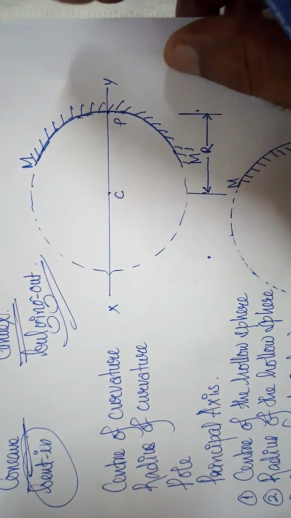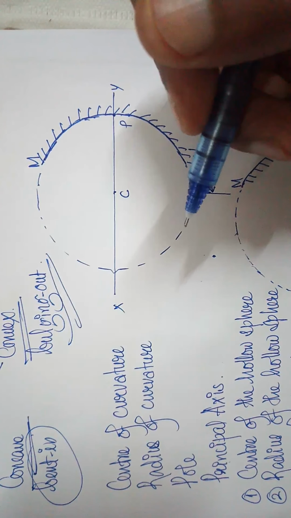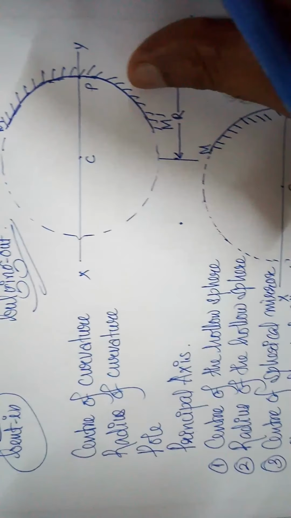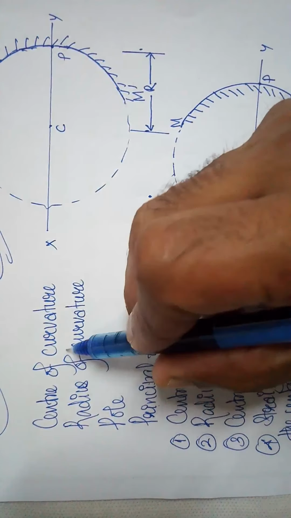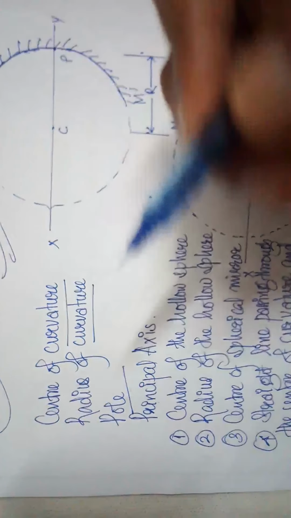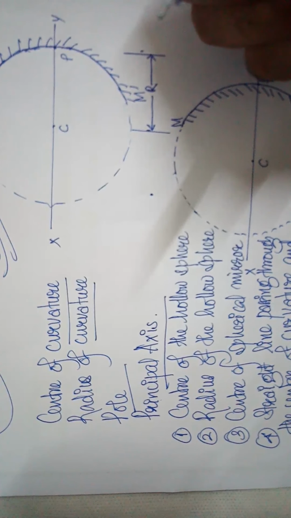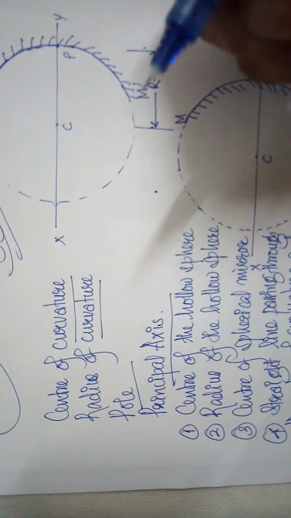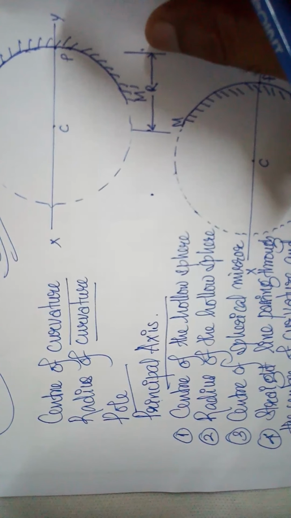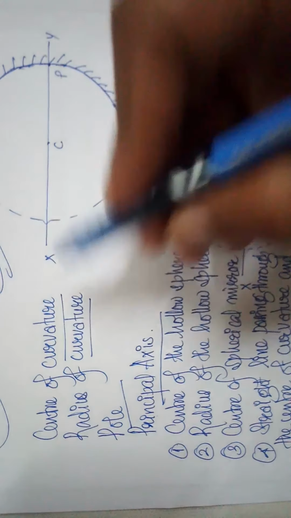Before referring to the properties, we have to check some terms. They are center of curvature, radius of curvature, pole, principal axis, and another one is aperture. The first thing is the center of curvature.